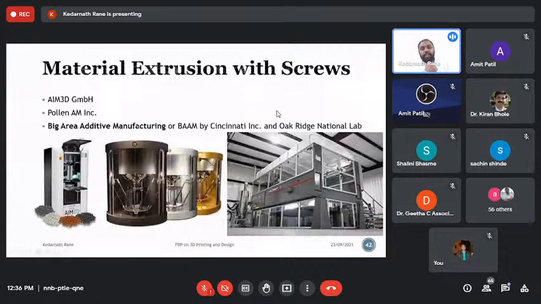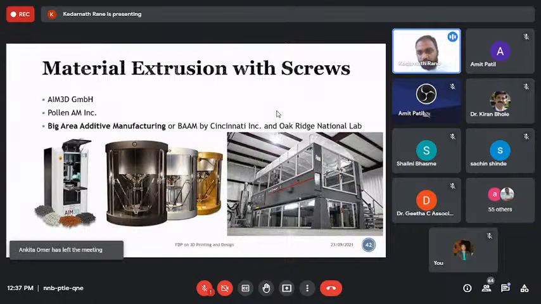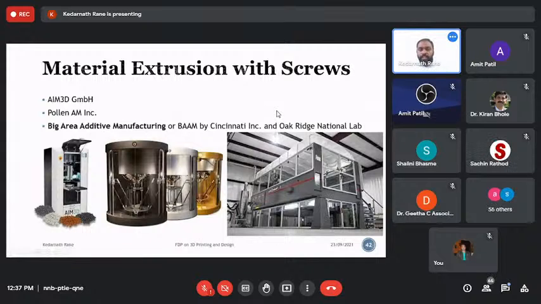It is big area additive manufacturing, which utilizes material extrusion with the screw system for metal as well as non-metallic constituents. You can see a big chamber is used for deposition, and you can see how big the XYZ Cartesian is. A Delta printer is installed inside. So very big metallic components can also be manufactured using this system.